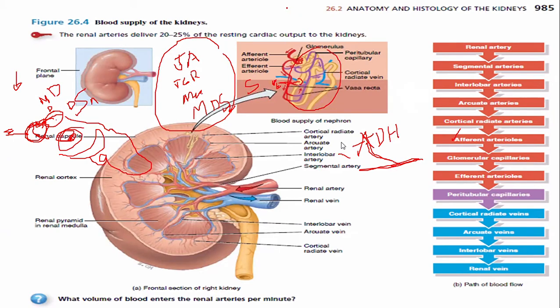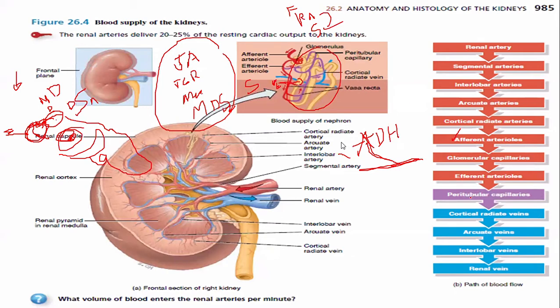So it is not always filtration, reabsorption, and then secretion. Secretion actually starts immediately; it's not always the last. So the antibiotics that we took usually go out by secretion immediately. That's very important.